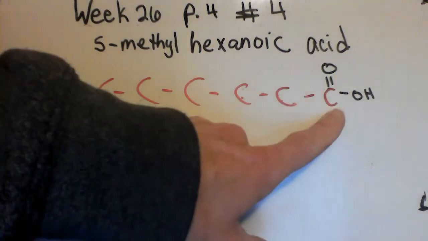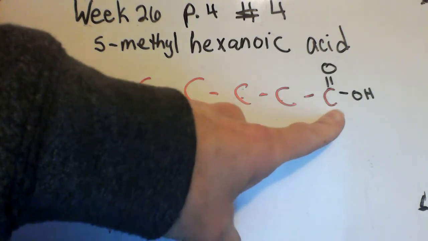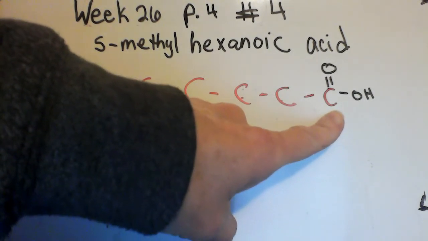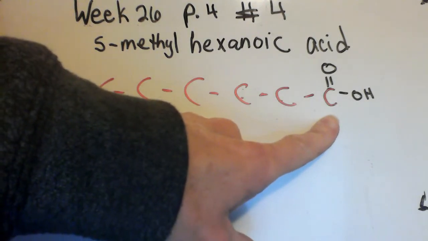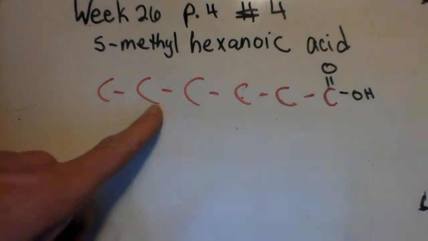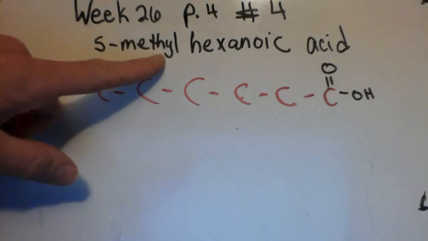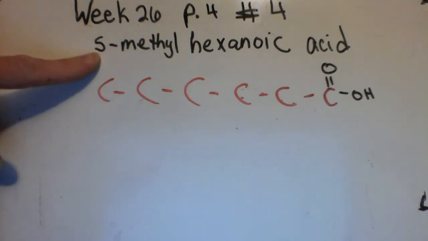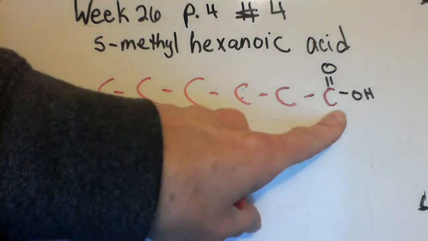Notice that I counted the carbon that's part of the carboxylic acid group, or the carboxyl group, as part of the 6 carbons in the chain of hexane: 1, 2, 3, 4, 5, 6. And now when we count to decide where to put this methyl group, which is at the 5th carbon, we have to count from this side here where the functional group is.